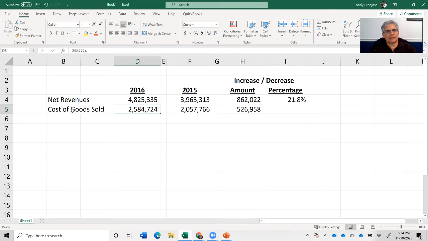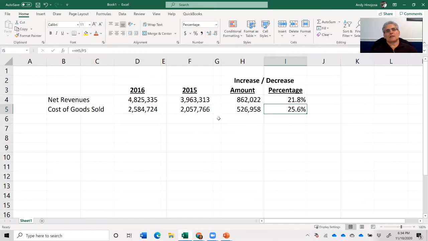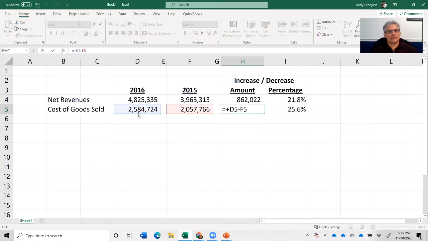That's the difference between this and this. And then the percentage is 25.6, which is exactly what was computed here. This difference was computed by taking 16 minus 15. That's the difference.